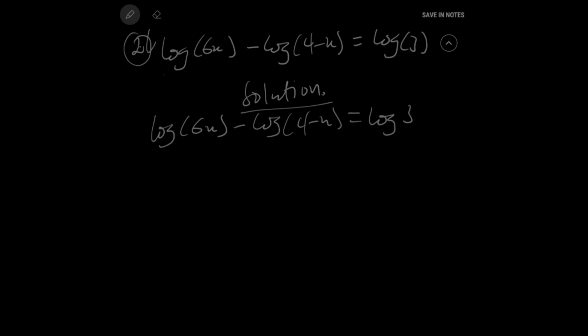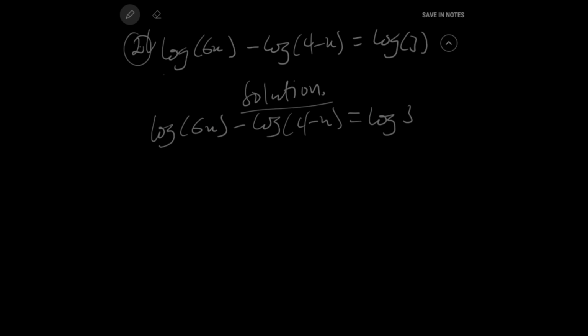Whenever you have two logarithms of the same base and they are subtracting, that means the terms in the brackets, or the terms you are finding the logarithm of, will divide. Okay, and that is one of the laws of logarithm.